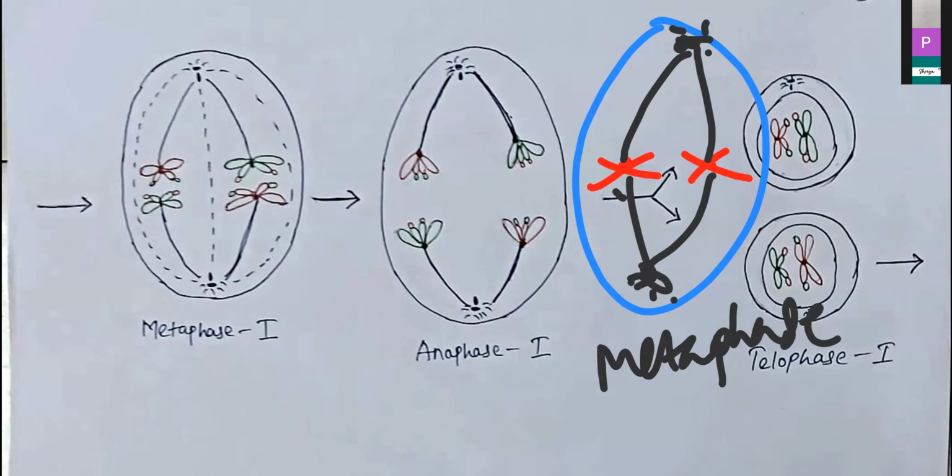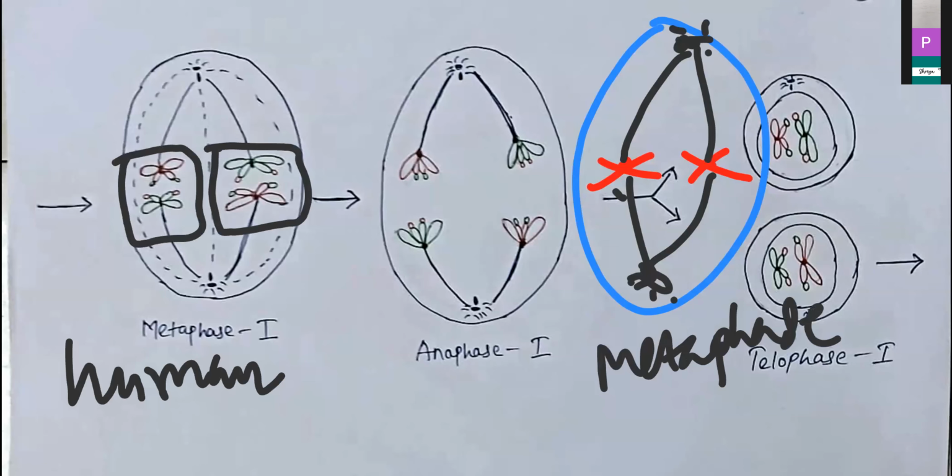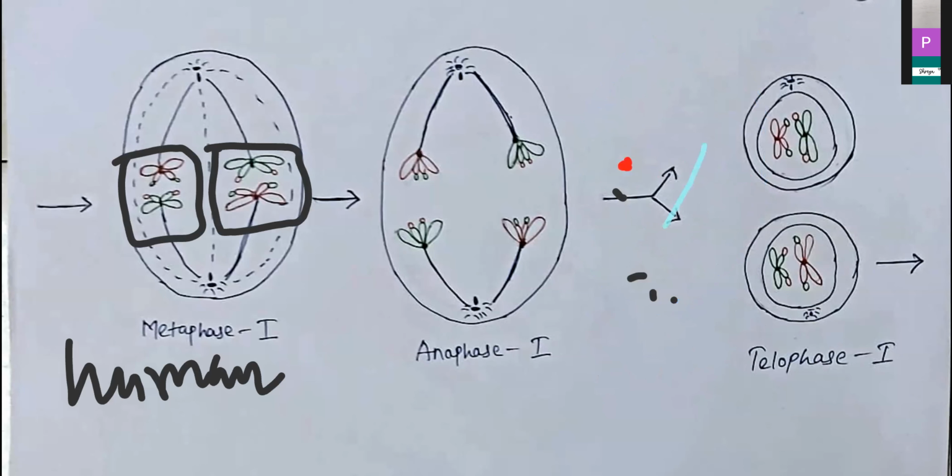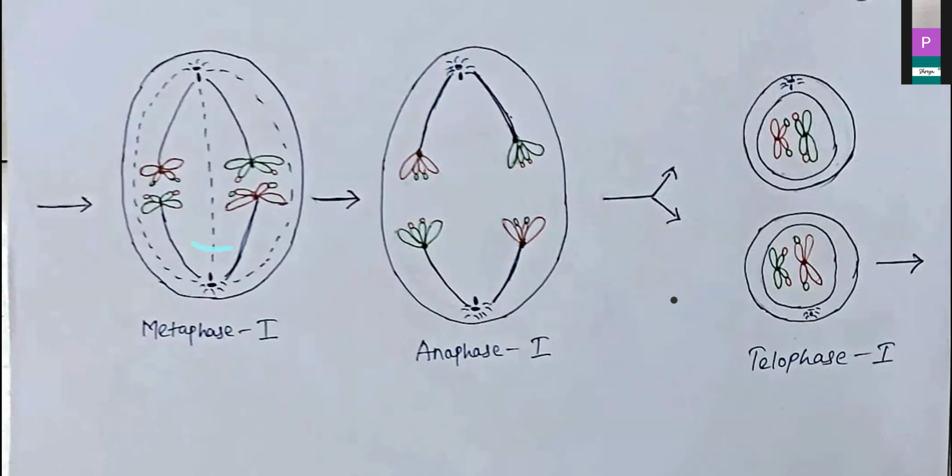Had it been a human cell passing through metaphase 1, if this is 1, this is 2, how many such pairs would have been seen on the equatorial plane? 23 pairs. Exactly, Gaurav, correct.